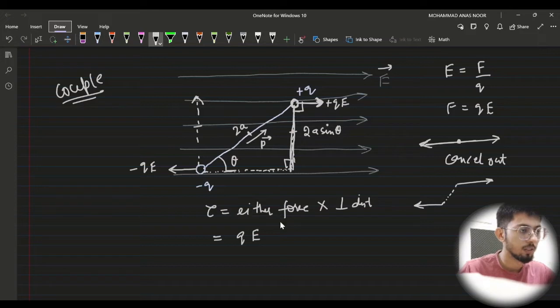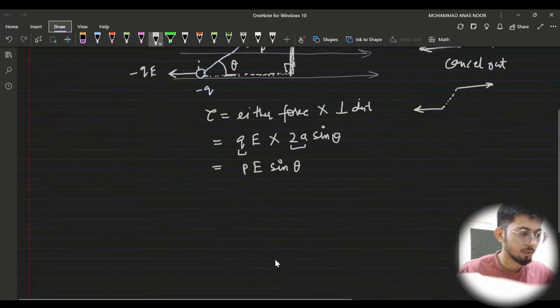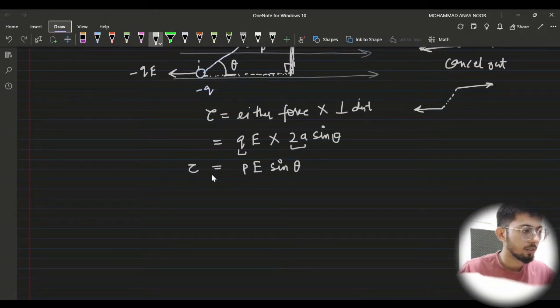So QE into 2a sine theta. And Q into 2a is called P, isn't it? So we can call it PE sine theta. This is torque.